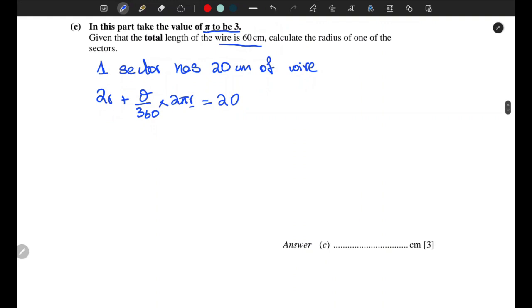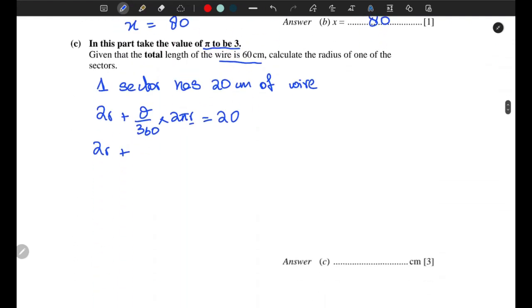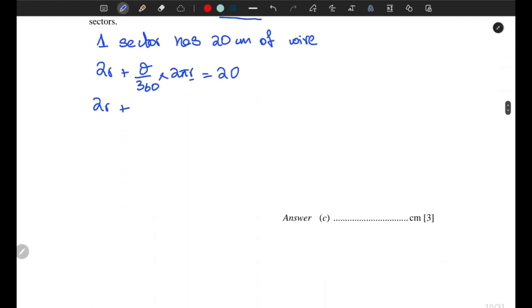Okay? So we have 2r plus theta, theta is 40 this time, sorry. So you get 40 over 360 into 2 pi r, which is equal to 20. And for now I will not change pi to 3, just so you guys know where this formula is derived from. Okay.